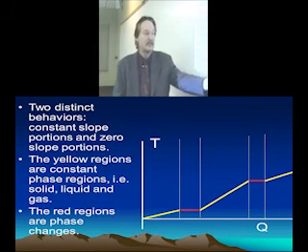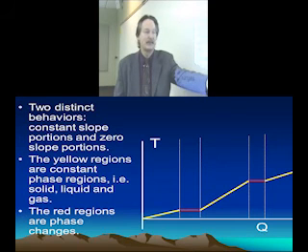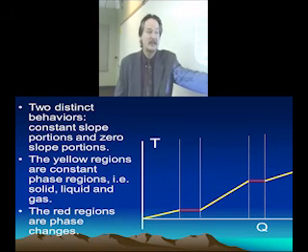So in the first portion here we have a solid. In the second portion we have sort of a mixed phase going from solid to liquid as the solid melts.